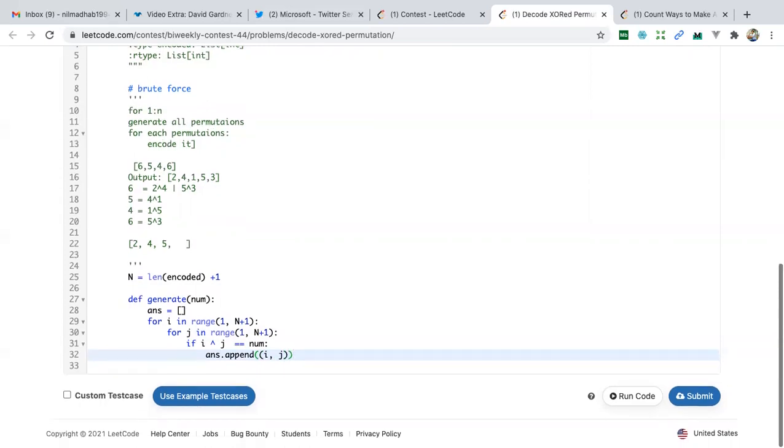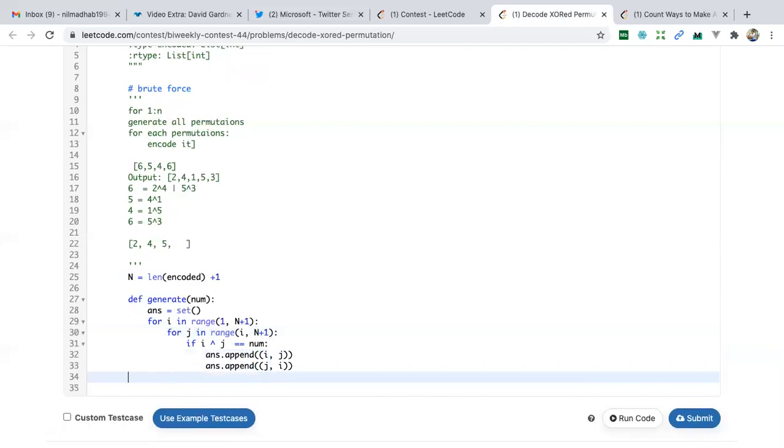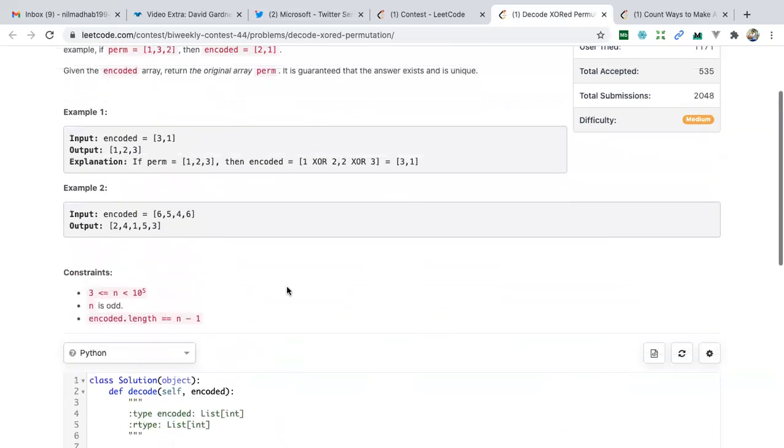We can make it a bit smarter: i and j, and j and i, and we can make it a set so we don't have duplicates. Return answer.